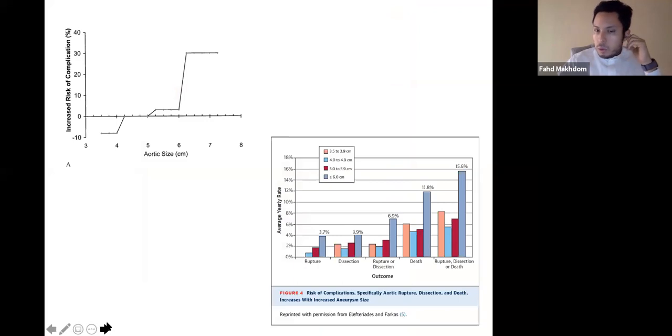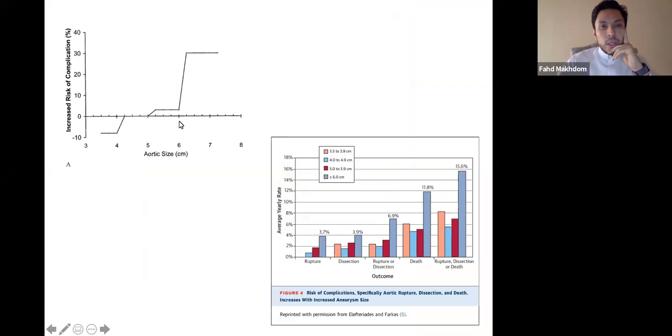And I'm also sure that you're all familiar with these graphs. This is from the natural history of aortic aneurysm. This graph here on the top left corner of the slide shows the incidence of aortic complications related to the size of the aorta.